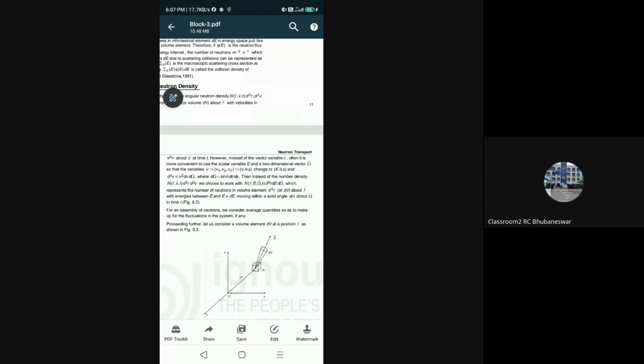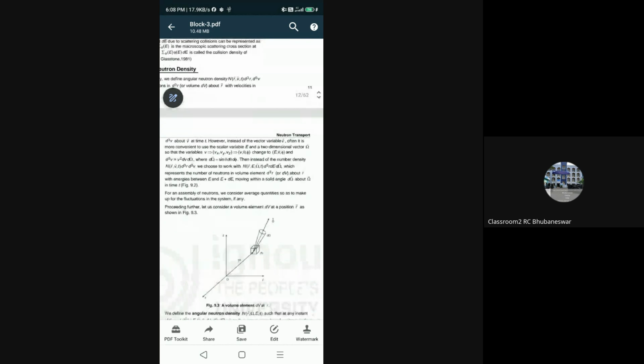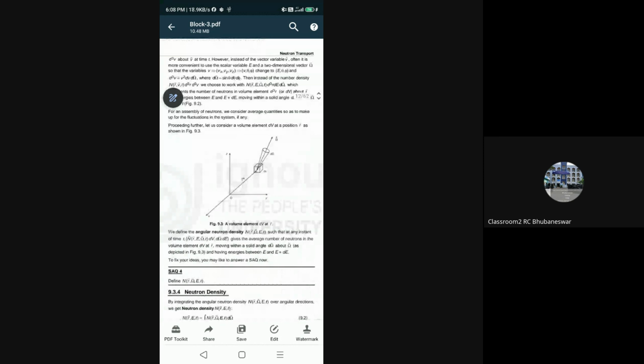For an assembly of neutrons, we consider average quantities so as to make up for the fluctuation in the system, if any. Proceeding further, let us consider a volume element dV at a position r as shown in the figure. Here you have the Cartesian coordinate system where the components are x, y, and z.